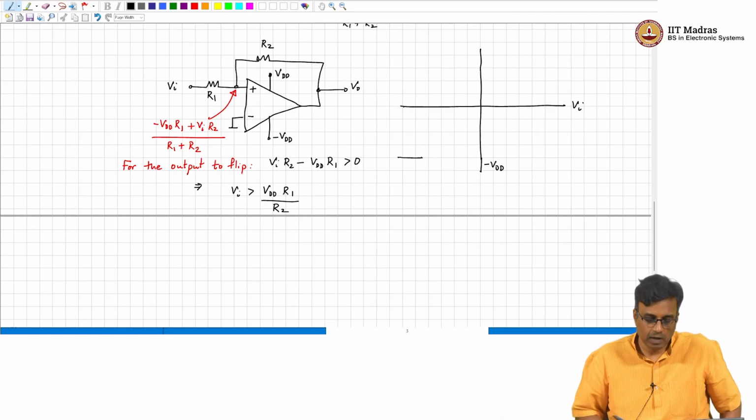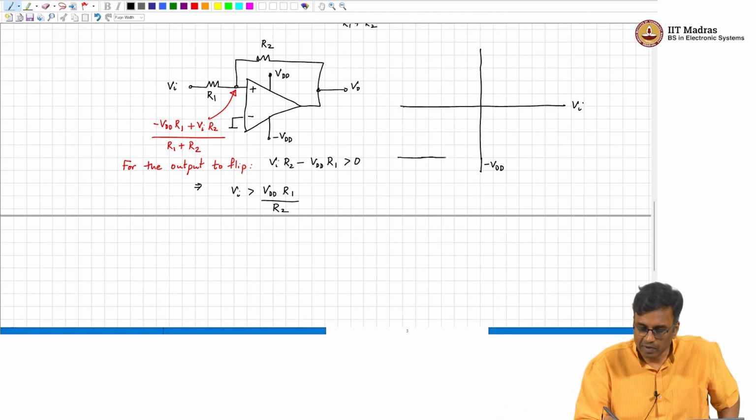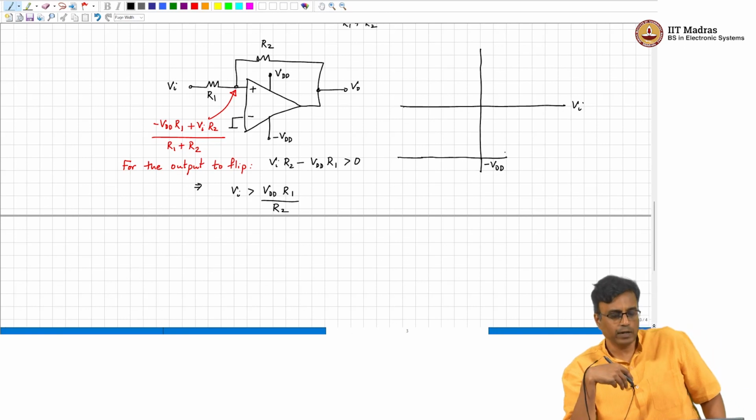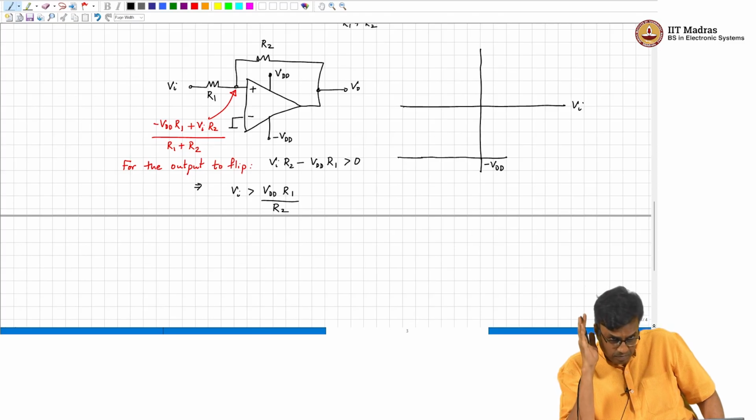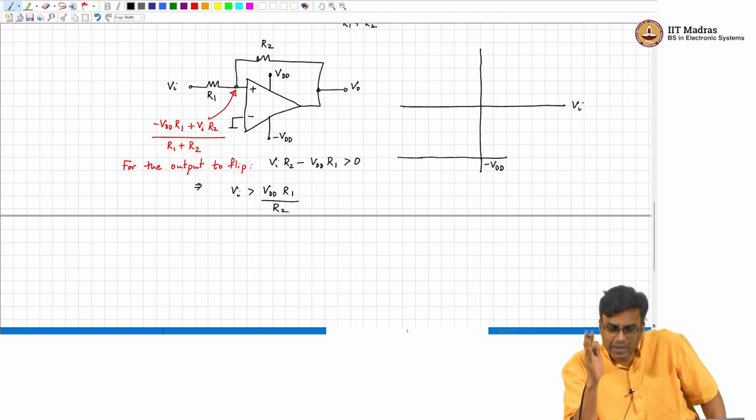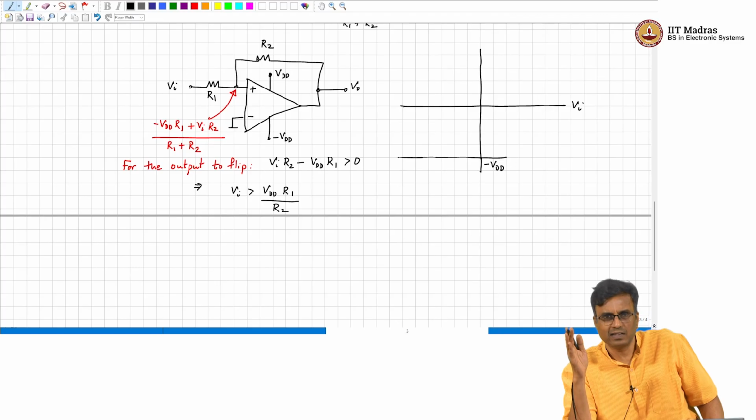So what happens? Therefore, the output will not flip from minus VDD to plus VDD right away, right? It will not declare the output as positive unless we are reliably sure that the input is sufficiently larger than 0, right?